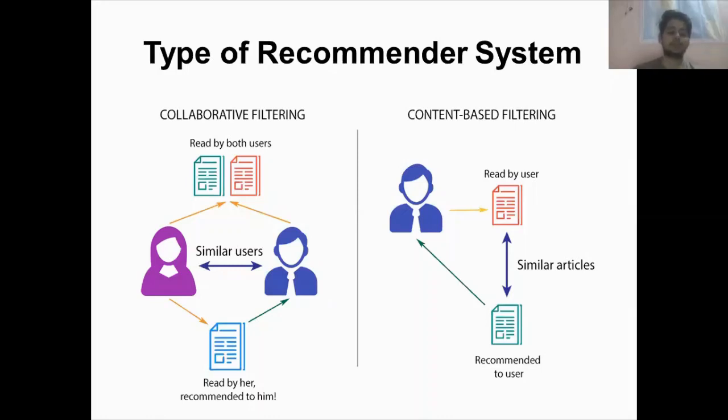Let's come to the more interesting part of this slide, which is the content-based recommendation system. In a content-based recommendation system, they have users who read a book that these users had already read. So they know that this user has liked this book, and they will find all similar items to this item.